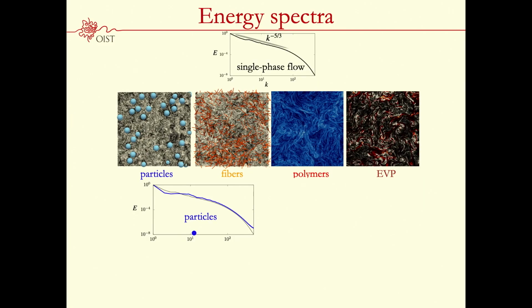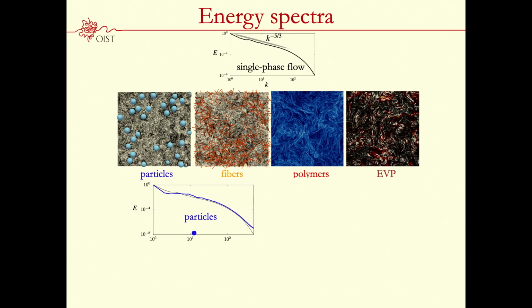Then there is a region where the two spectra overlap again, and then you have larger energy compared to the basic case at the small scales. This point over here corresponds to the size of the particles. So the reduction of energy happens at scales which are larger than the particle, and then it goes down.